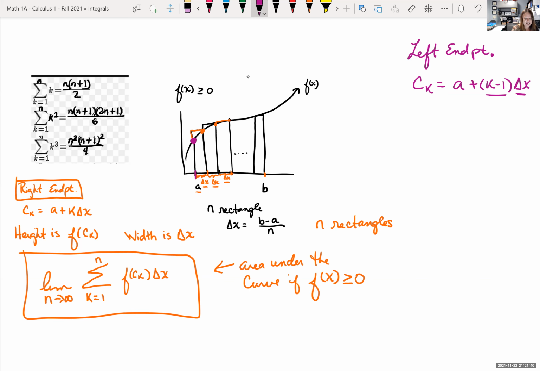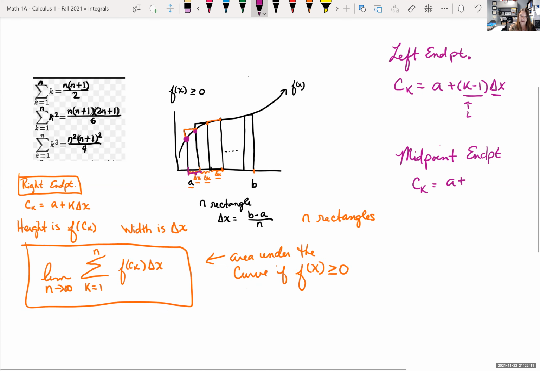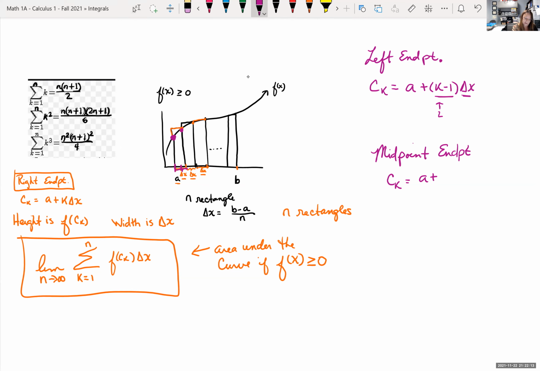If I let k be 2, that would give me 2 minus 1, which would just get me over 1 delta x. That would give me this endpoint. And then the midpoint: my C sub k value is going to be a plus, I need halfway from a to the middle, so that's going to be k minus 1/2 delta x.